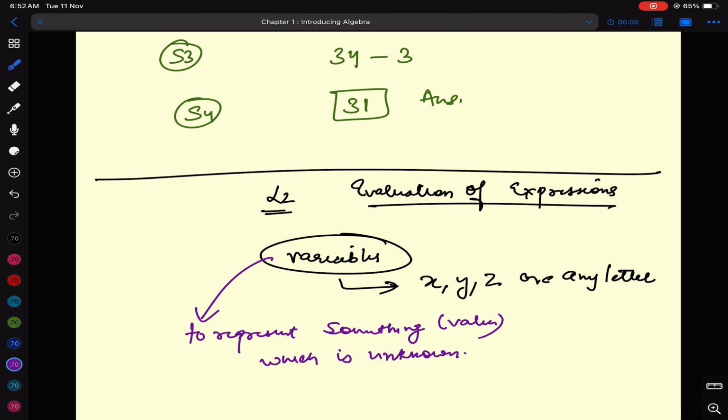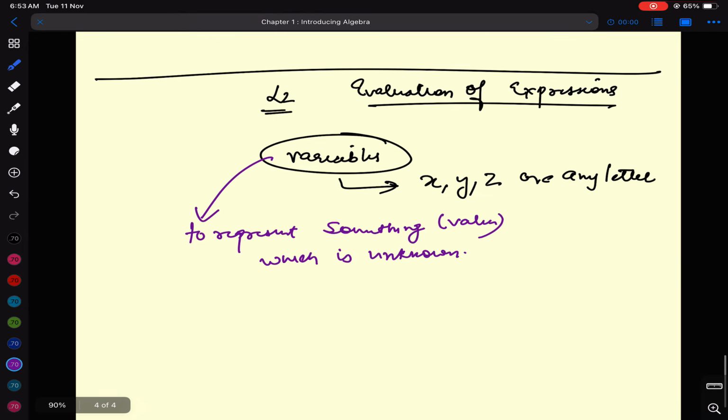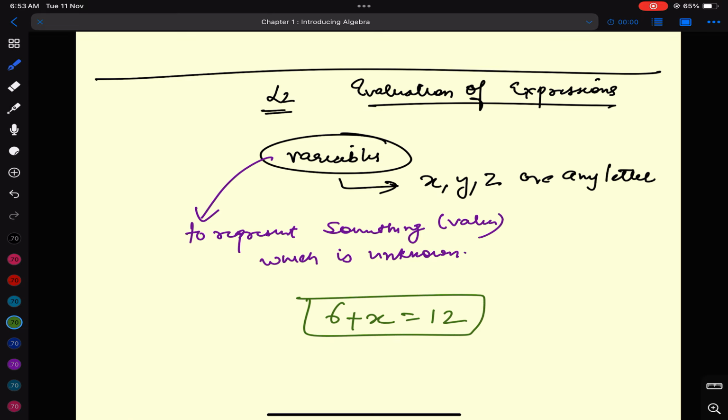Okay, if I have to give you an example based on a variable, how would I give that? Let's say your example is going to be something like this. Let's take 6 plus x is equal to 12. So this is your algebraic expression. Now what is the variable here and what is the constant?